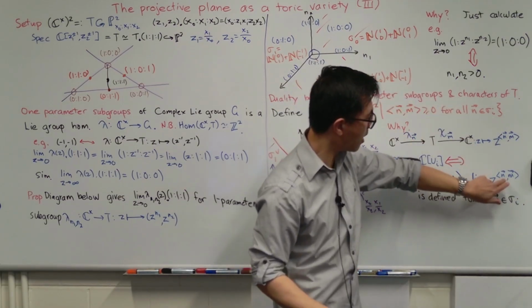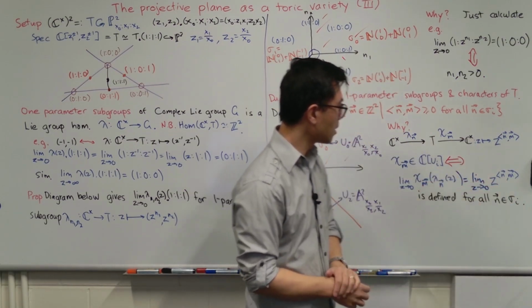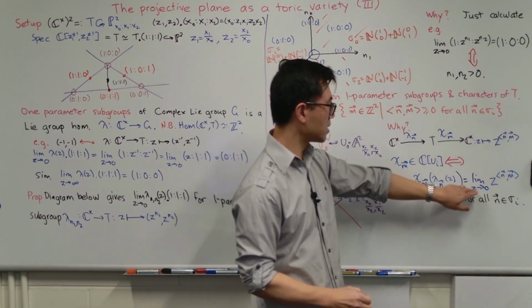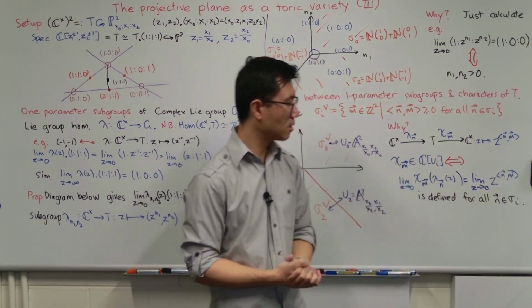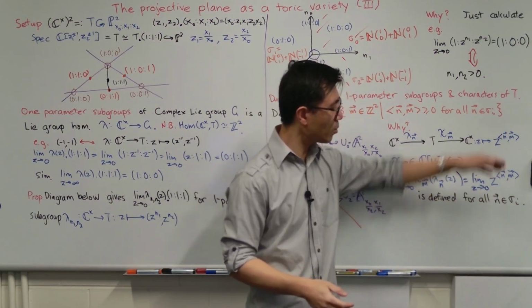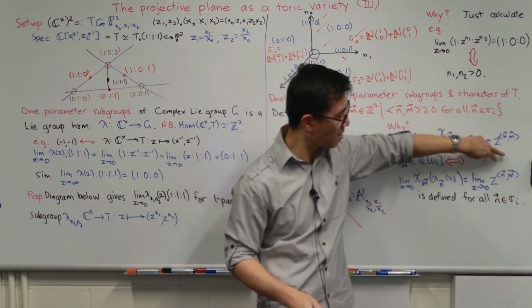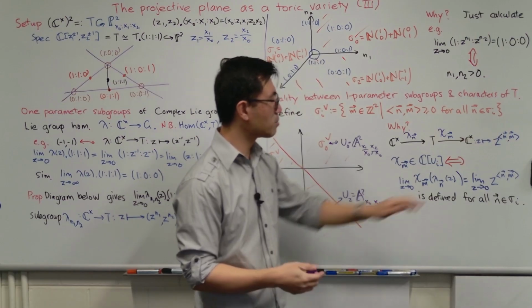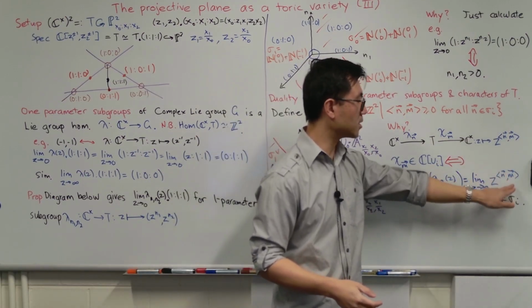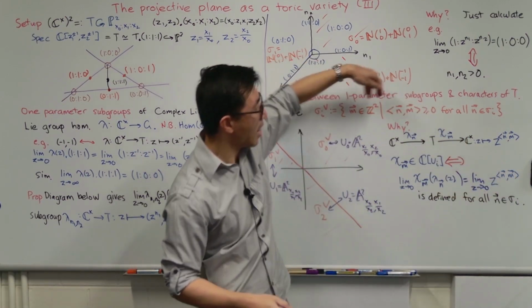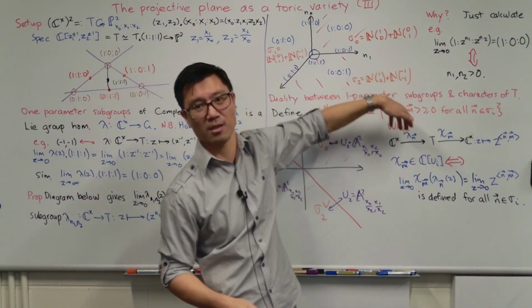This is just z to the n dot product m. And you want the fact that when z goes to 0, this is defined. So this is just some power of z, and it's always going to be defined as long as this power is not negative, right? Because you're going towards 0. So this means that you want this to be non-negative. So the dot product is non-negative. And that's where this condition comes from here.